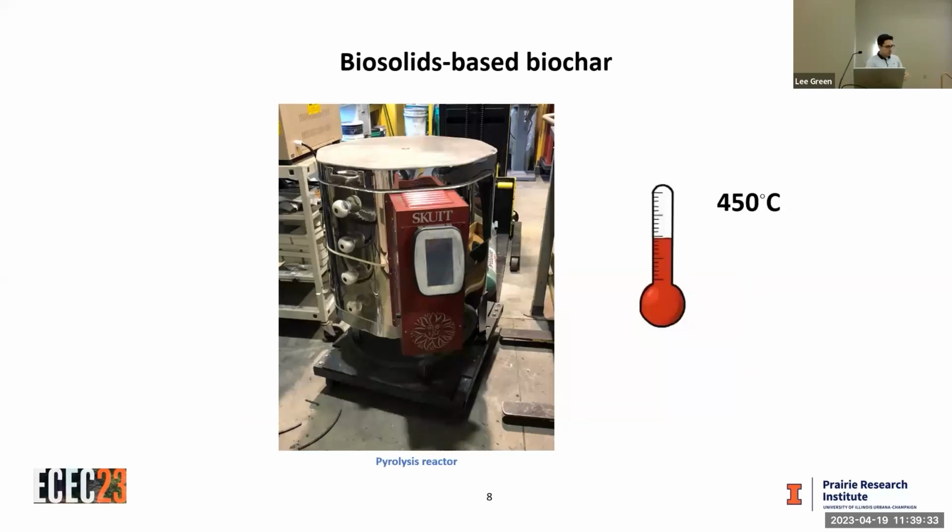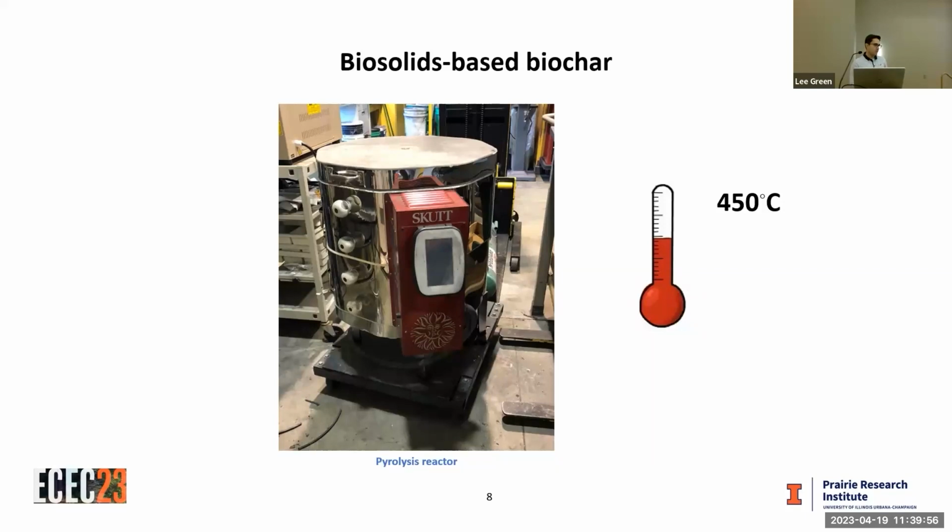So if we mix the biomass with the biosolids, we can produce a biosolids-based biochar. Our approach was to reduce the temperature that pyrolysis needs to carbonize the biosolids and the biomass.